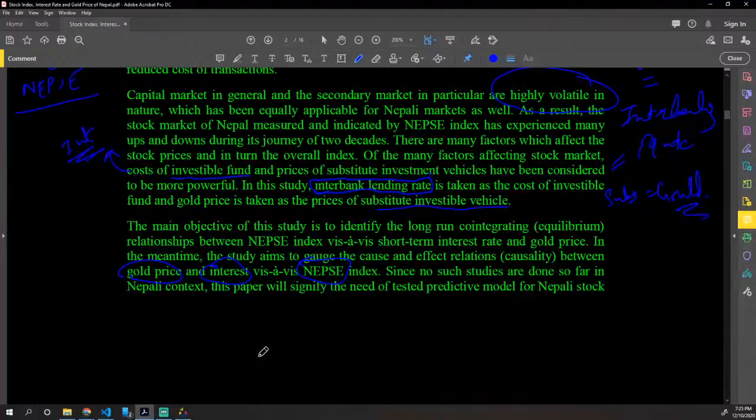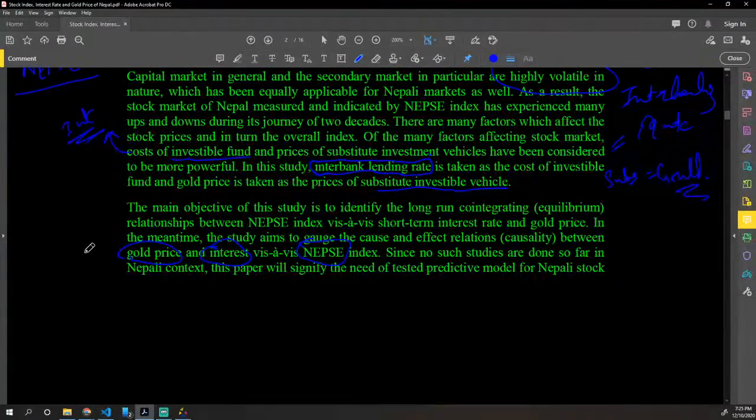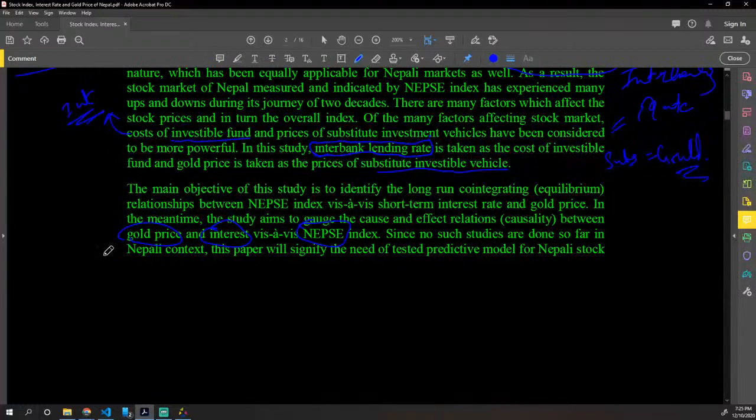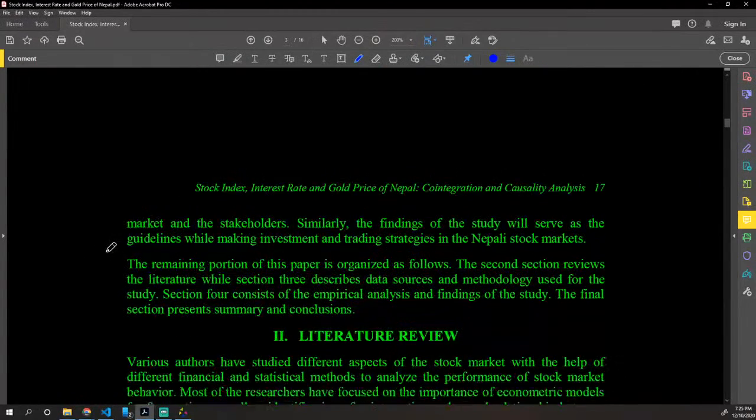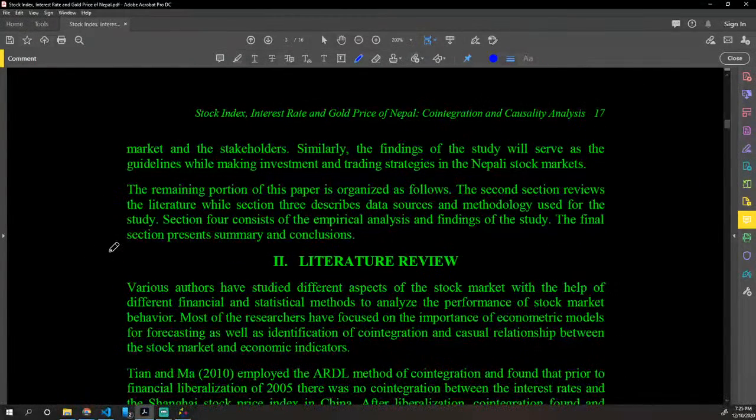There is no such study. Since no studies are done so far in the Nepali context, this paper will signify the need of a tested predictive model for the Nepali stock market and the stakeholders. Similarly, the findings of the study will serve as guidelines while making investment and trading strategies in the Nepali stock market. The remaining portion of this paper is organized as follows.